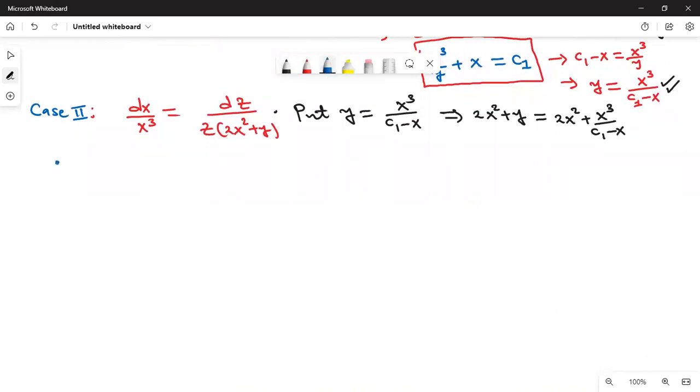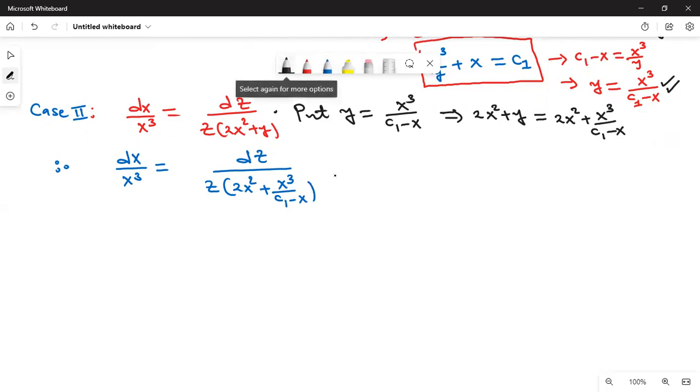Therefore, we now talk of dx over x cubed is equal to dz over z into 2x squared plus x cubed over c1 minus x. And now this equation is a separable ODE.